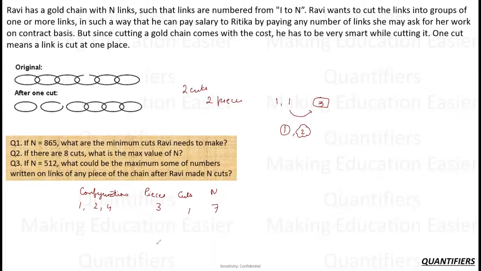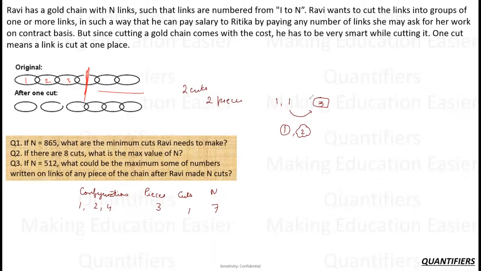Now, if I'm making a cut here, what do I have with me? I have these three pieces, 1, 2, and 3, and then I have this single piece. So what is the next amount that I can afford to have?